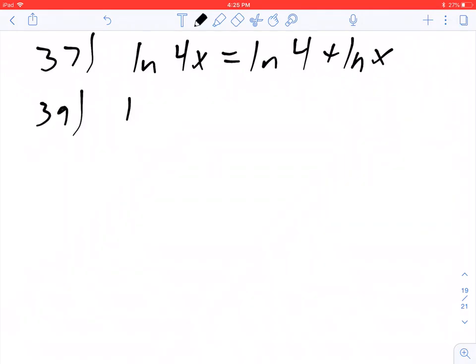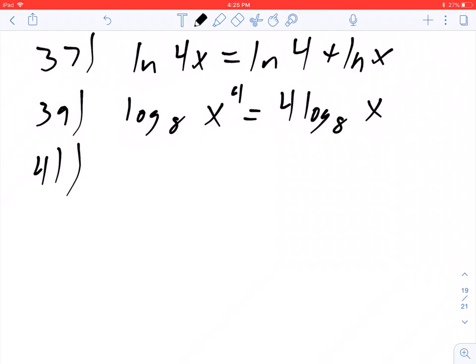39. Log base 8 of x to the 4th can be rewritten as 4 log base 8 of x. 41 is log base 5 of 5 over x. That can be rewritten as a quotient.